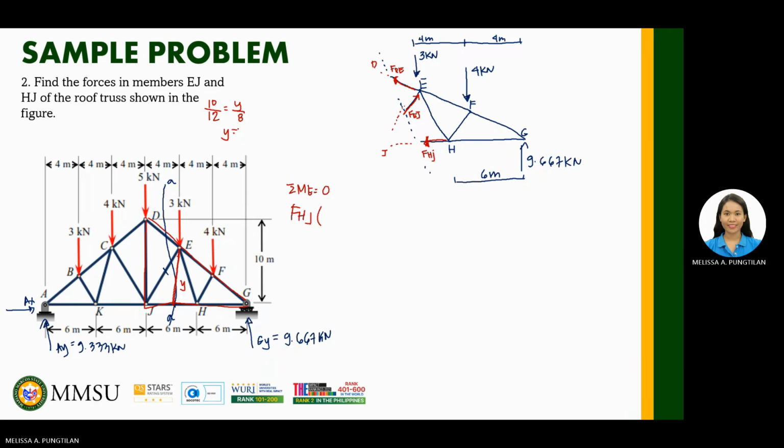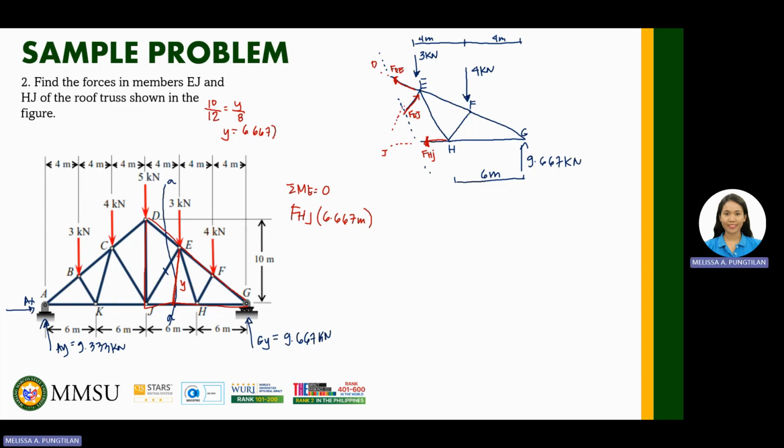Okay. So, FHJ, now the moment arm is equal to 6.667 meters.